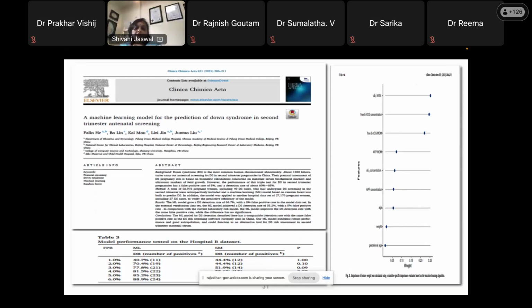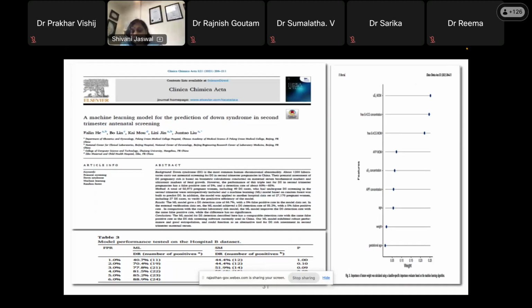So first, the results of 58,000 pregnant women from the prenatal screening were given to the machine to train it on how to predict Down syndrome. So this labeled data was given, and then this was tested on 27,000 women with positive Down syndrome.